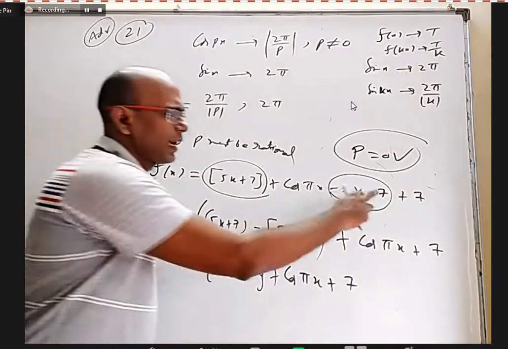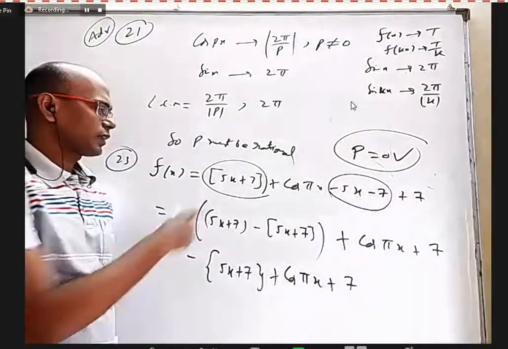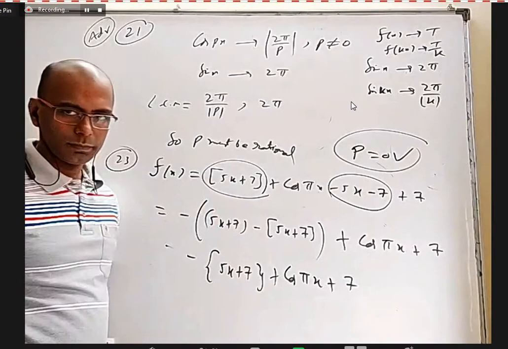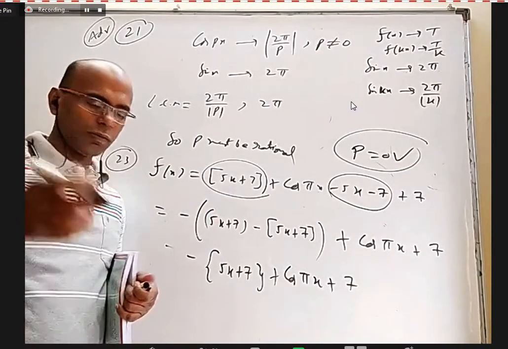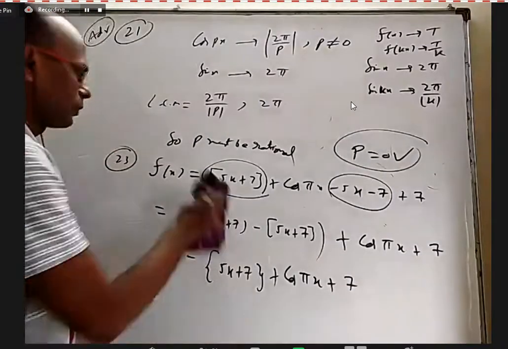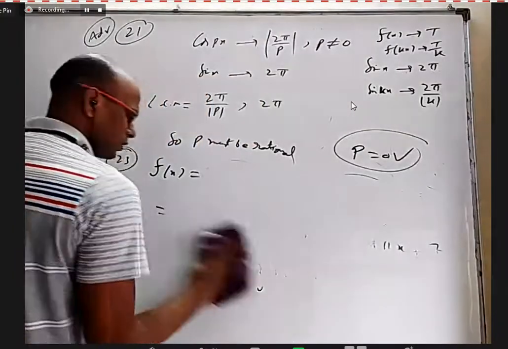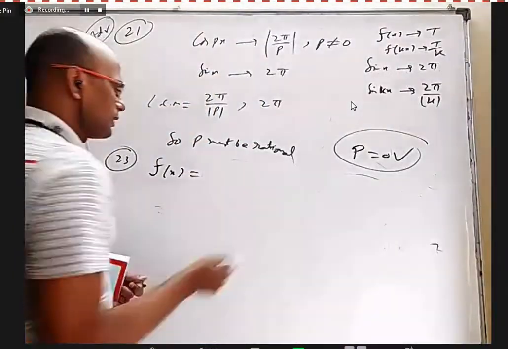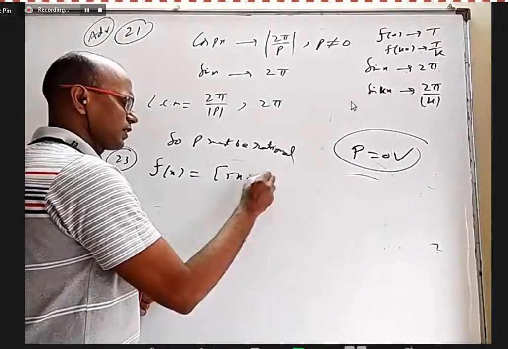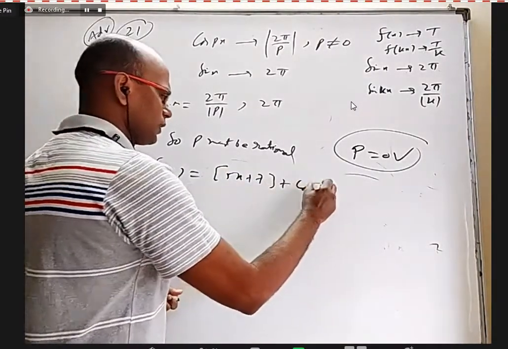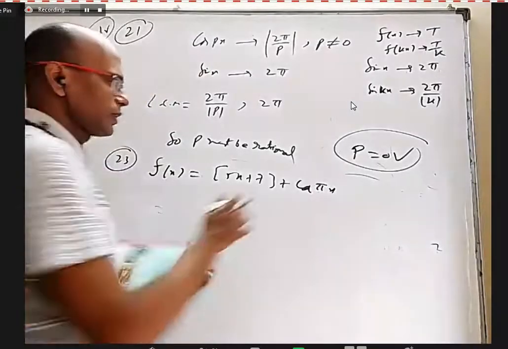By the way, here I added a separate 7. I could have done one more thing: I can bring the 7 outside, right? Within integer part, one integer can be brought out. I think that would have been a little better. Same thing, not an issue. Integer part of 5x plus 7 plus cos pi x minus 5x.